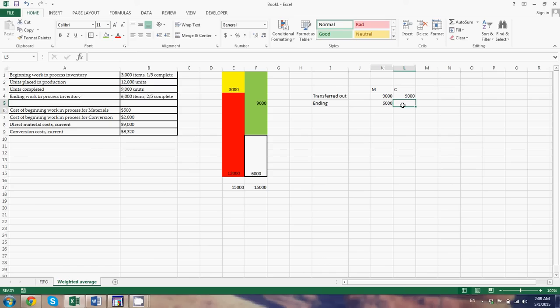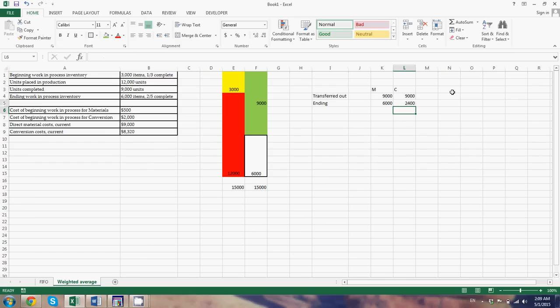For the 6,000 units, materials have been 100% applied. For the conversion cost it's a different story, because only 2/5 has been completed, so we use 6,000 times 2/5.